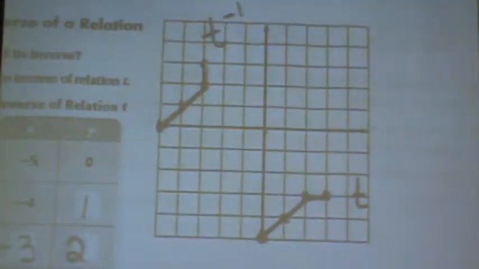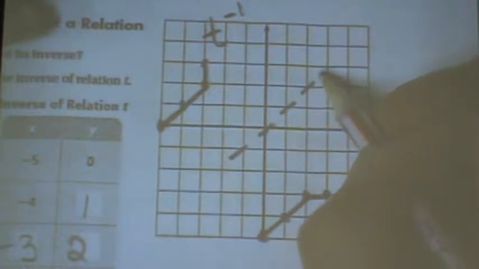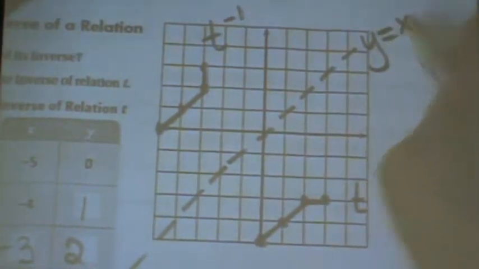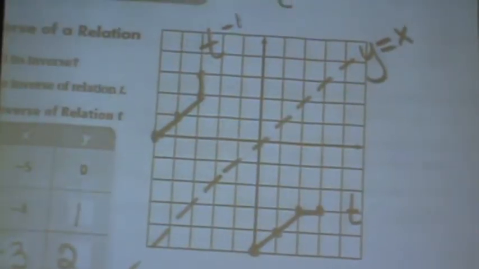What you're going to notice, remember last week when we did symmetry? Inverses, I shouldn't say function because this is not a function, have symmetry to the line y equals x. Where's the line y equals x? It's right here, I'm drawing it. If I were to fold my piece of paper along this line, y equals x, what do you notice?